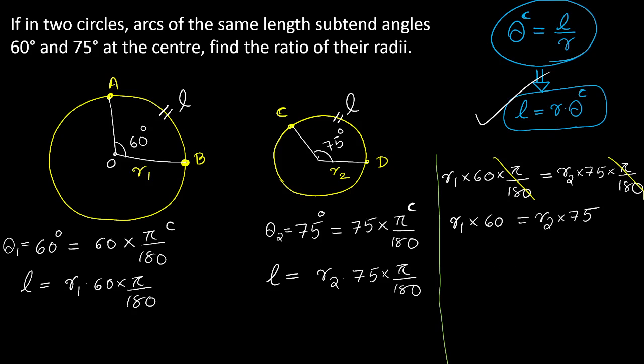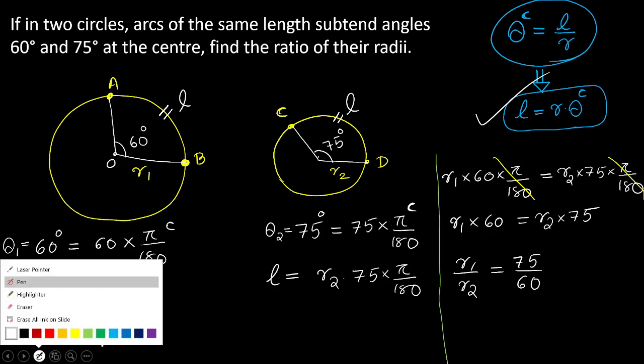What is our question? Ratio of the radii. R2 taken to the left hand side, we get R1 by R2 on the left side. 60 goes to the other side: 75 by 60. Let me complete it, then you can ask me doubts. Can I do any simplification?